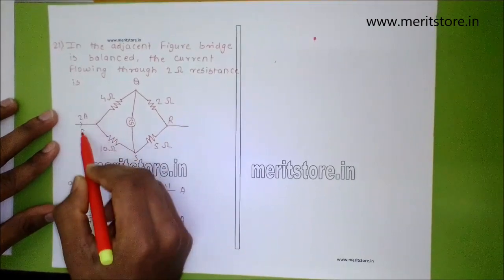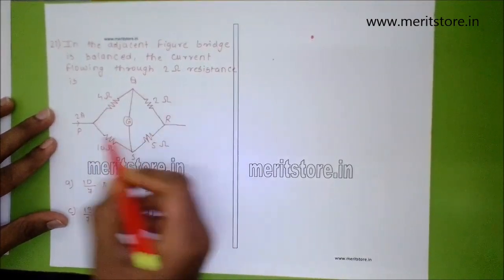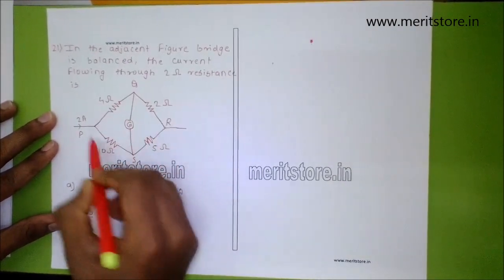The current of 2 amperes is split into 2 arms PQR and PSR.